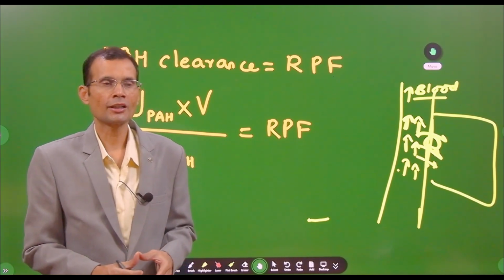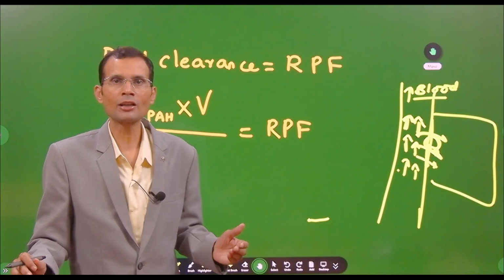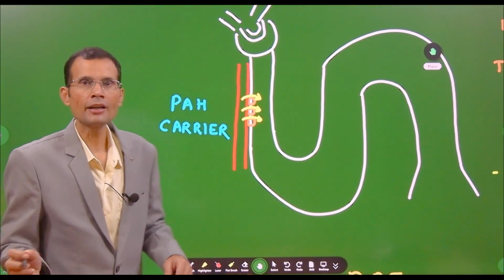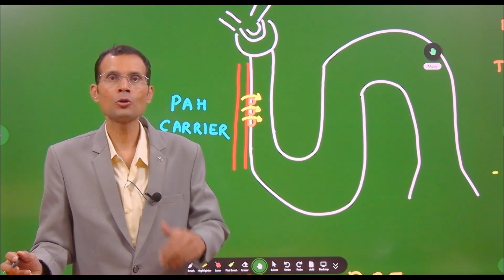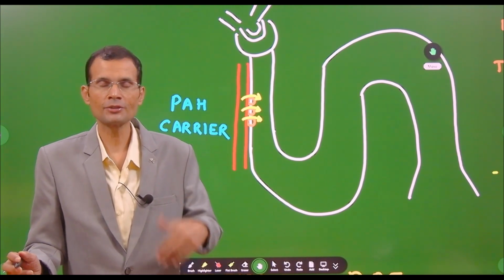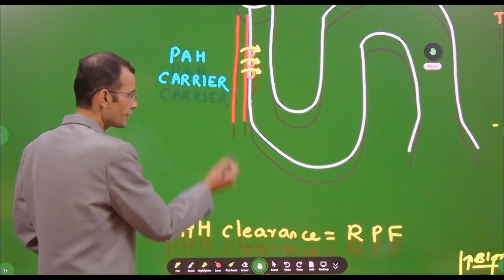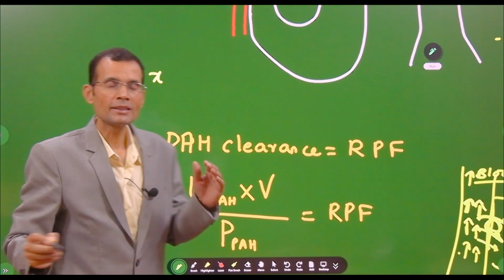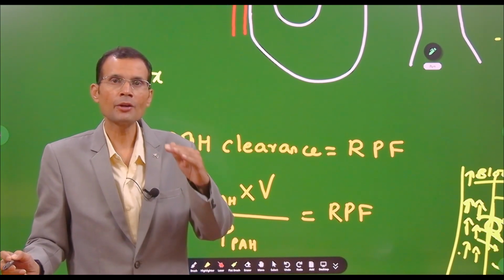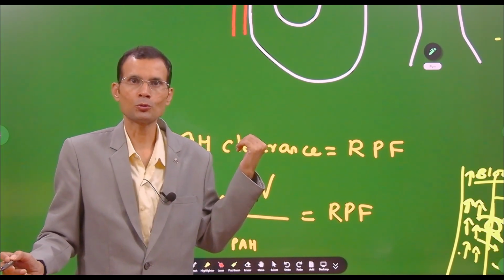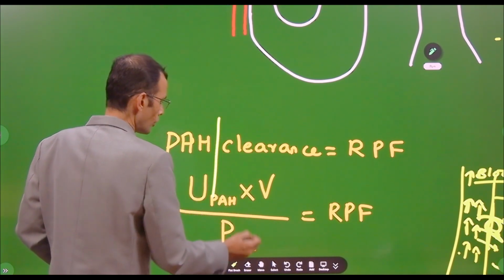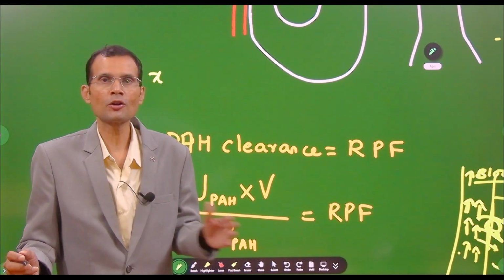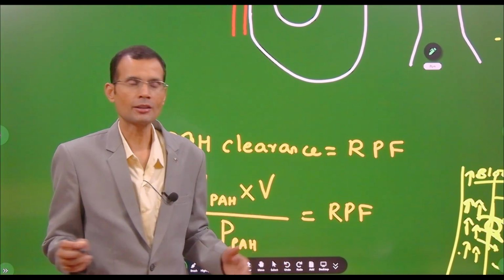The technician made a wrong calculation, and by mistake injected 3 times the dose. The required dose was, let's say, X. So the question was, how will it affect the measurement of renal plasma flow by PAH clearance?